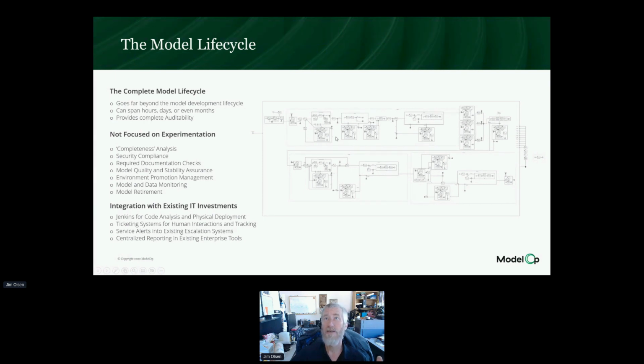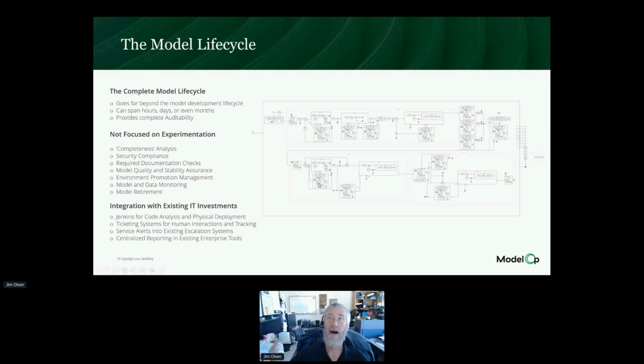But the idea is we want to, at any point in time, be able to not only automate this process, but also provide traceability into where you are in this process, and then further capture that information to be able to prove that you did go through all these steps. So if there's ever any question about the model and did you do your due diligence, you'll have that information at your fingertips to prove that this is what happened.